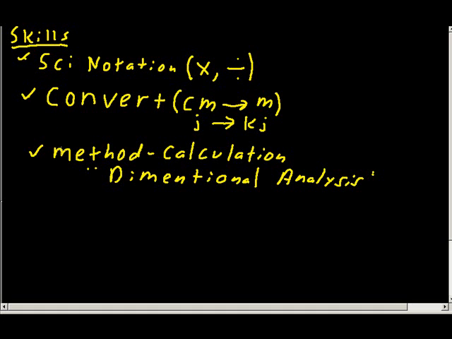These are skills associated with mathematical manipulation, and you'll see it showing up in our heat unit. You'll see it in our stoichiometry unit. You'll see it during our equilibrium unit, and virtually all units that we're going to encounter, you'll be using the skill set. And so a mastery of it becomes very, very important.